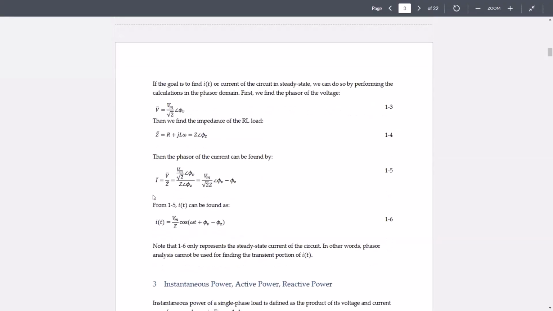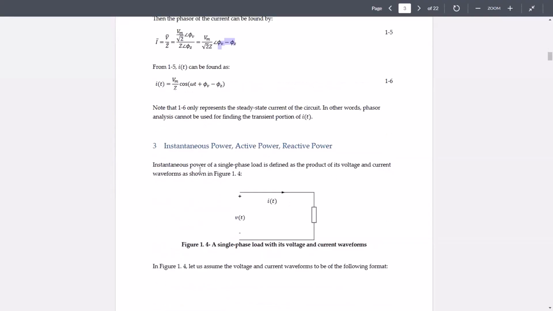So you can then say that in steady state, your time domain waveform would be this magnitude of the phasor times square root of 2 to make it the maximum value.